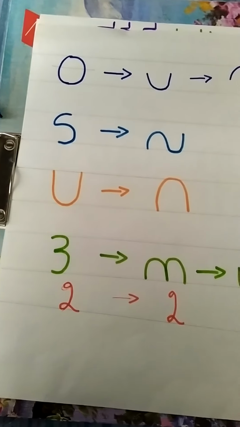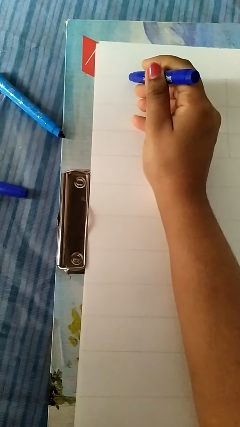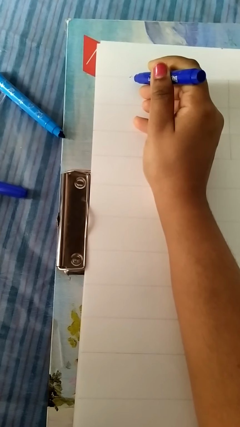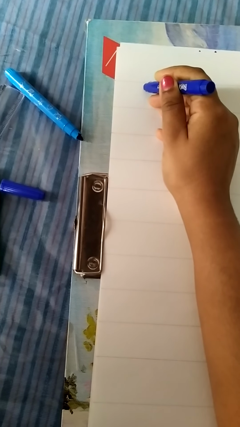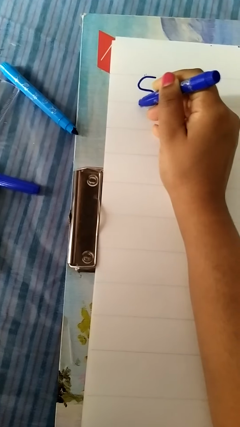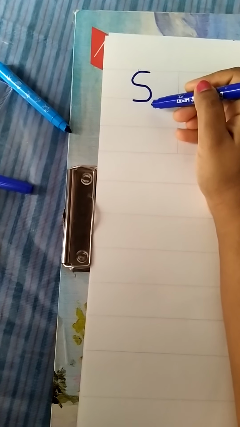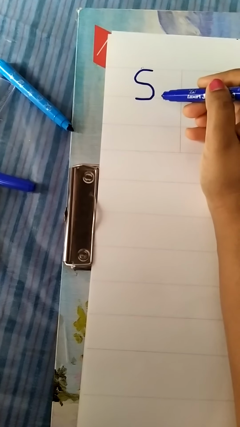From O, you are getting two shapes. I will be teaching you the shapes first, then we can start writing our letters. The first shape, I want you all to remember as S. Or else, see, this is the letter S. From S, you can write this in a standing way.